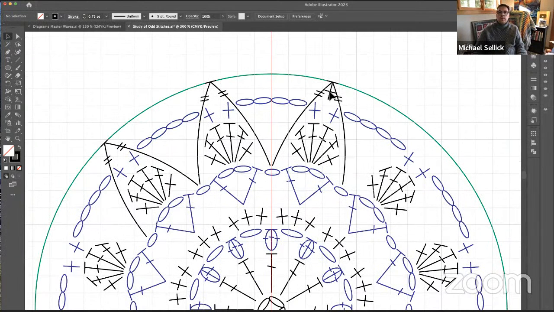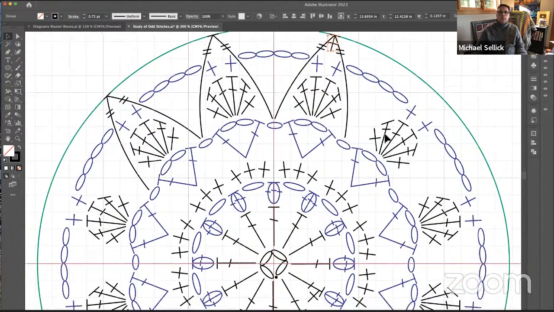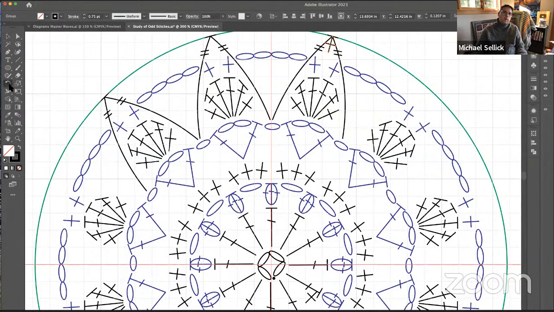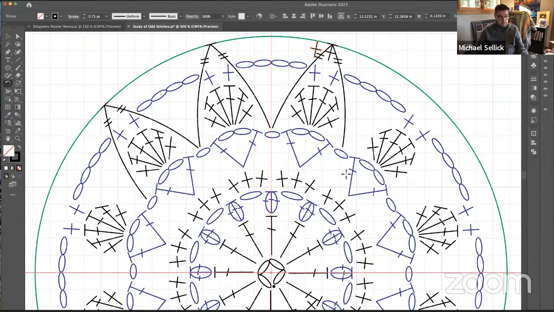So we know this is the right angle. So I'm going to take that one and rotate it around. And there's 96 points. So 360 degrees divided by 96 points. Copy. Command D, D, D, D, D, D.